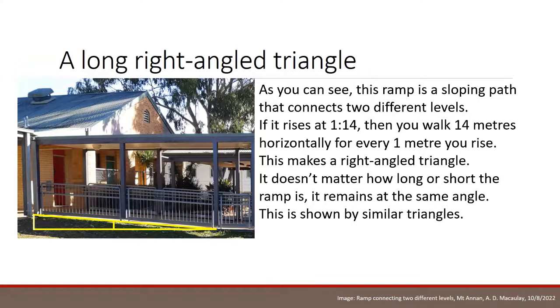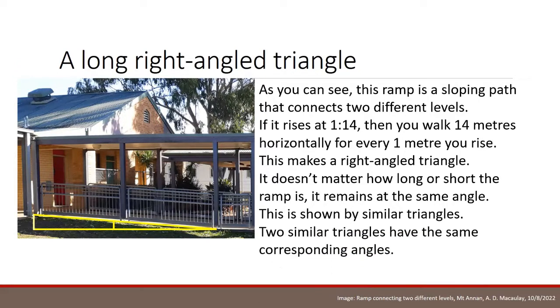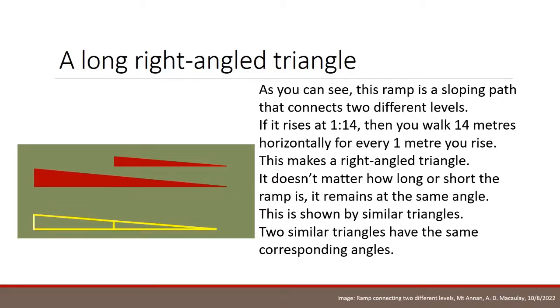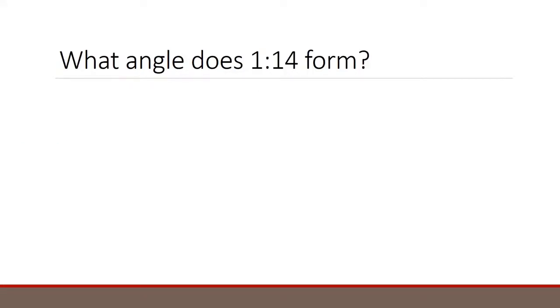If I divide this yellow triangle up and shade one part of it, we'll see that two similar triangles have corresponding angles. So here's one, and here's a longer one. But they both have the same angle. So what angle does 1 to 14 form?